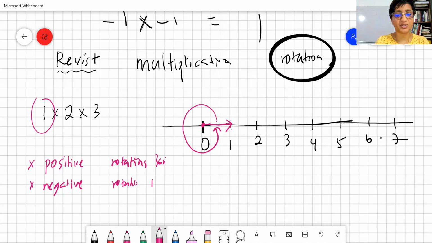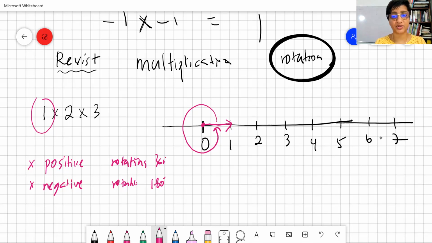Multiplying by a negative number is rotating by 180 degrees, so you're changing the direction. If positive is going left, negative is going right. If positive is up, negative is down. The sign change is rotating you by 180 degrees.